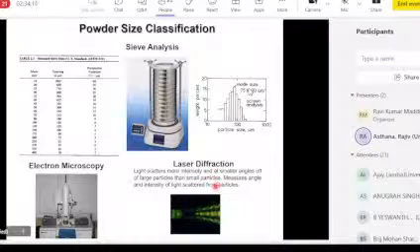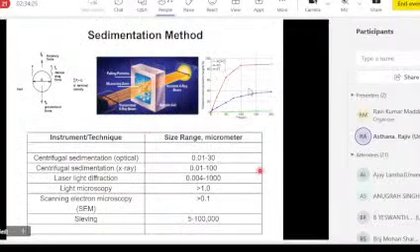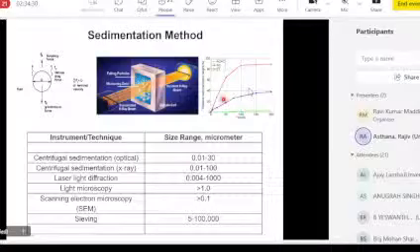So in laser diffraction, basically the particles of different sizes will scatter or diffract laser light at different angles and different intensities. So from the distribution of intensity, you can actually work back the size distribution of powders. Another very common method for size of powders is sedimentation method.